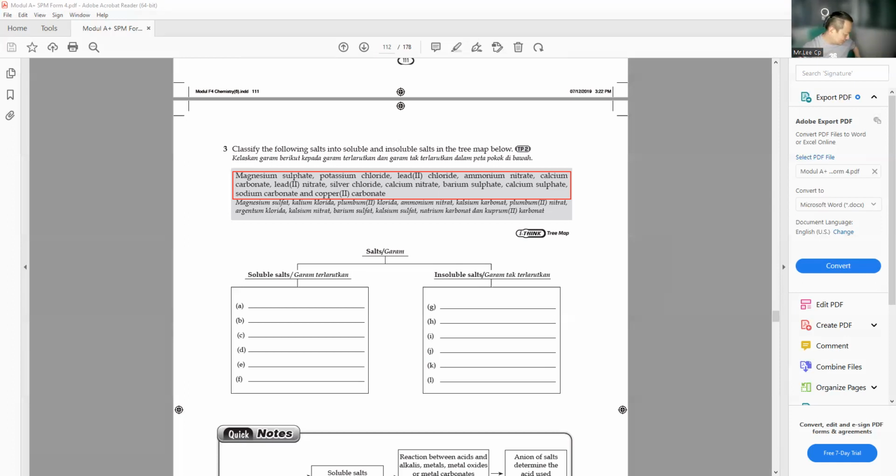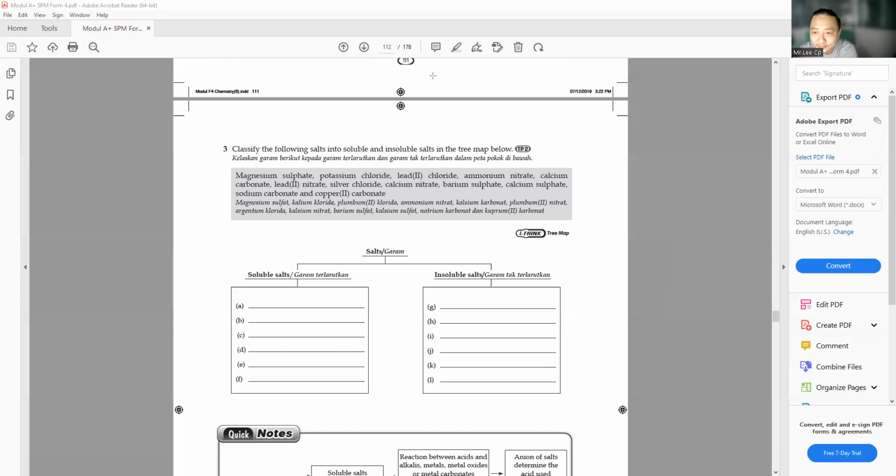Then you will know which one is soluble. 你一看你就知道了。Which one is soluble, which one is not soluble. Done it? Then I ask one by one.